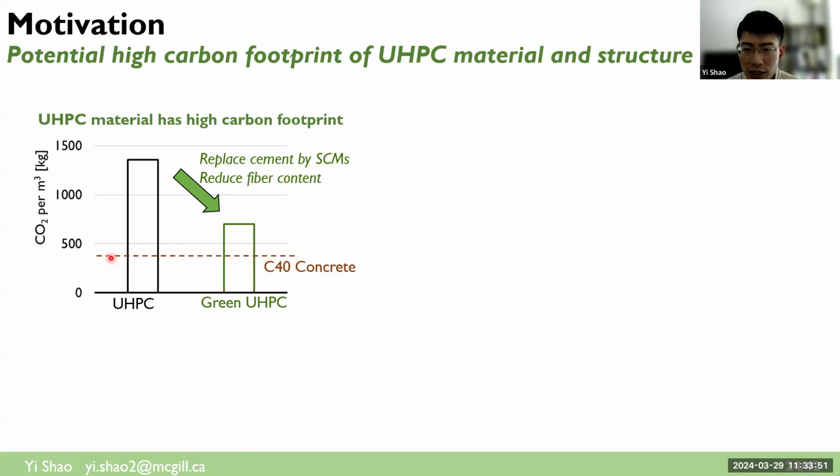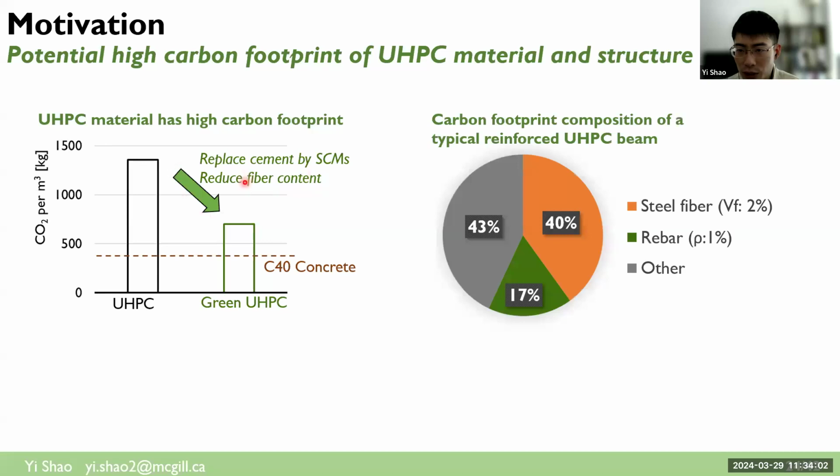The dashed line here represents conventional concrete, and many researchers have been proposing to replace cement by supplementary cementitious material, as well as reduce fiber content, because fibers actually represent almost half of the carbon footprint of our UHPC.